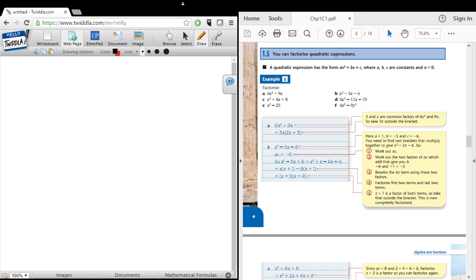Section 1.5 discusses factorizing quadratic expressions. Now, quadratic expressions are something that you will have come across when you were doing GCSEs. Definitely if you were in the higher courses, GCSE higher mathematics, you'll have encountered quadratics before.